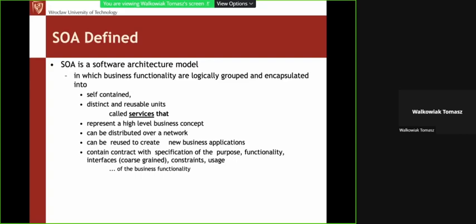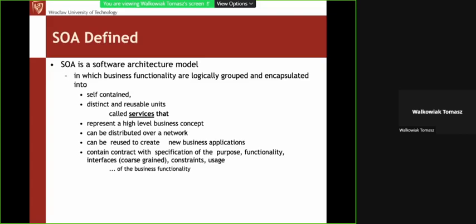So it happens. Service-oriented architecture is the idea that we are grouping business functionalities and encapsulating them. Just notice, encapsulation is the first idea of object-oriented programming.